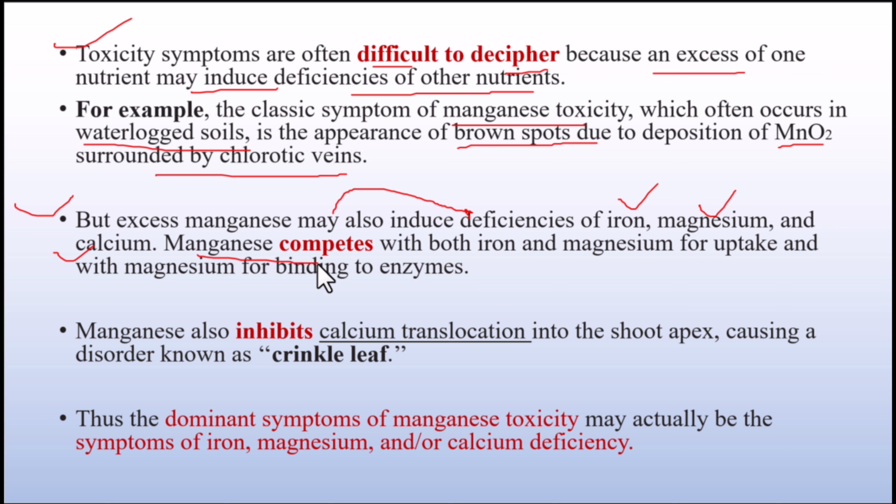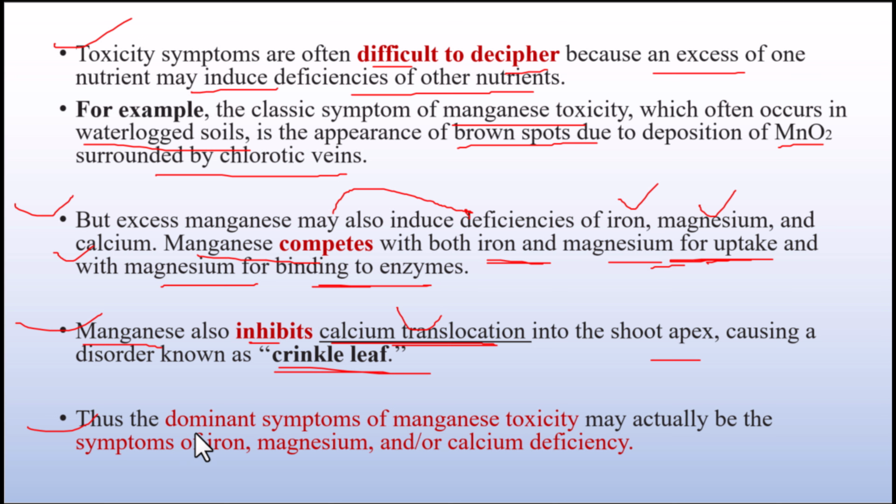Manganese competes with both iron and magnesium for uptake, and for binding to enzymes. At a higher level, it inhibits calcium translocation in the shoot apex, causing a disorder known as crinkle leaf.